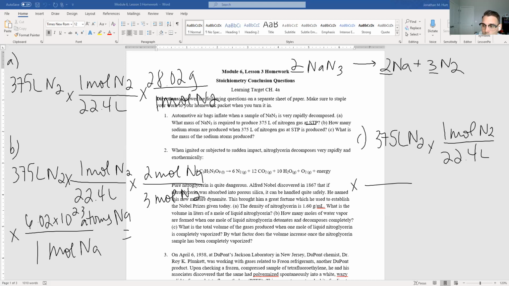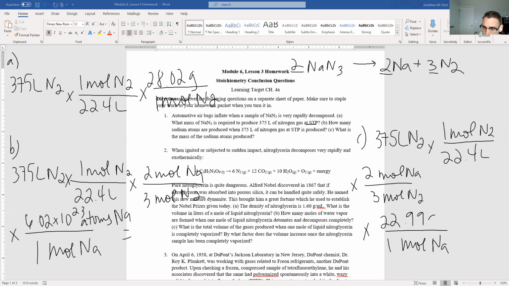And then I can go from moles of nitrogen to moles of sodium. And again, that's going to be 2 moles to 3 moles. And then I can just do one more step here and go from moles of sodium to the mass of sodium, which is 22.99 grams of sodium. So it works the same way. Moles cancel, you're left with grams.